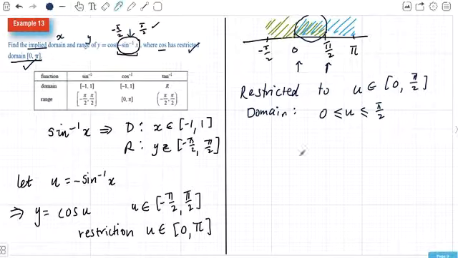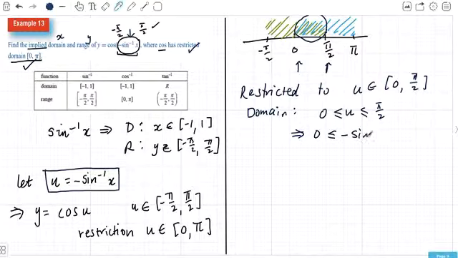Remember that u is actually negative inverse sine of x, so I'm going to substitute that in. Negative inverse sine of x is greater than or equal to 0 and less than or equal to pi on 2. Now I'm going to divide both sides by negative, so we end up with 0, flip the signs around, inverse sine of x, flip that sign, -pi on 2.